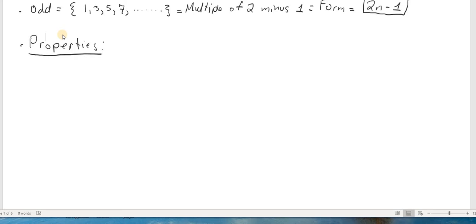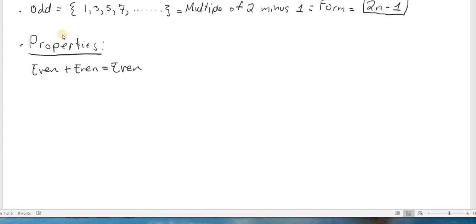Let's say what would happen if you take an even number plus an even number. If you have an even plus another even, according to me, you're always going to get an even number.